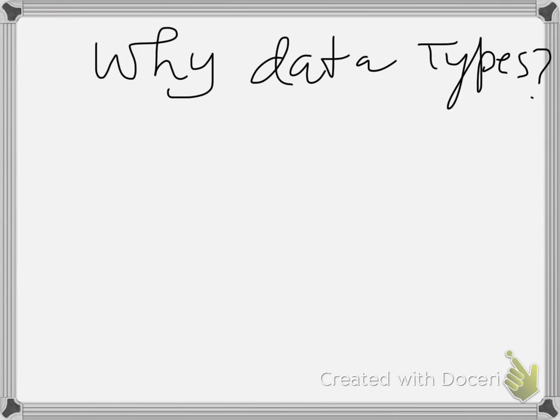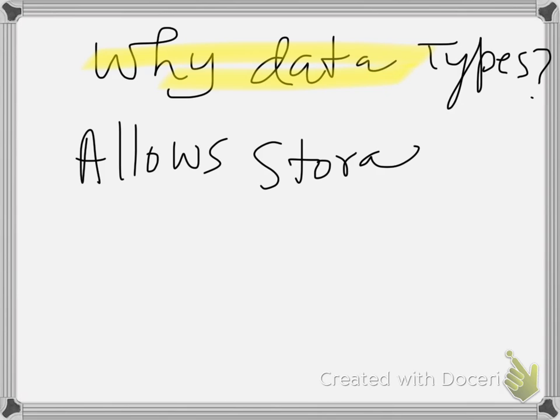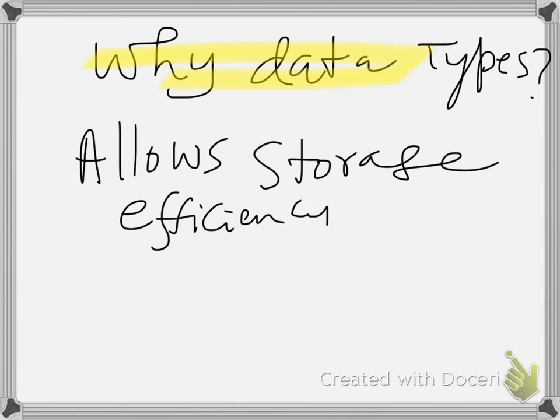So data types are there because they allow storage efficiency, and they provide some safety for our data. If I have a social security number stored as a string, I want to make sure it stays a string because I don't want to do math on it.